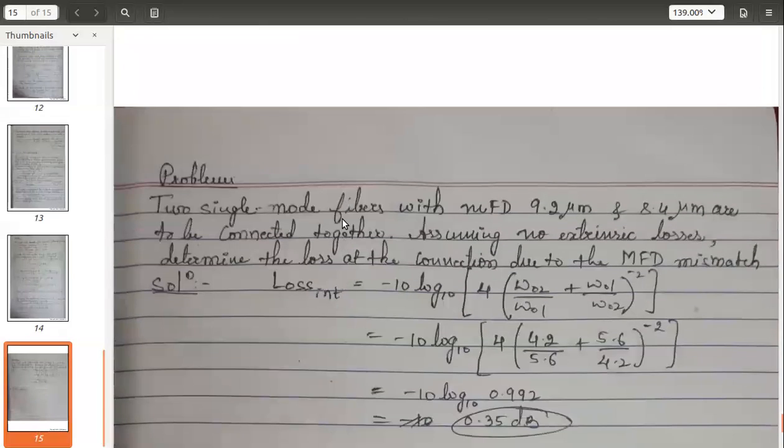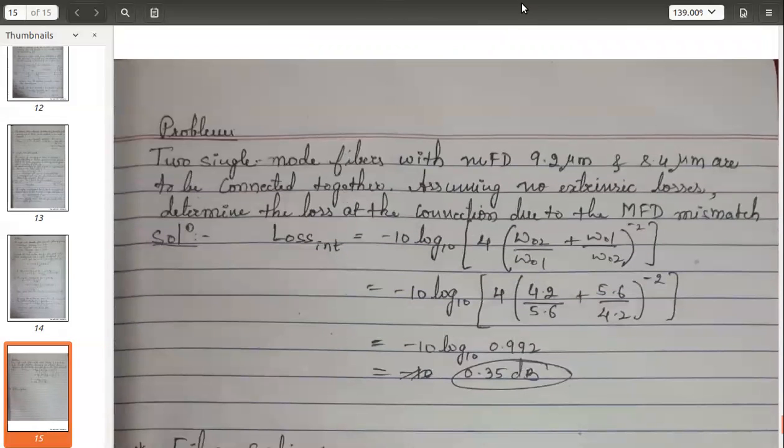There is again a simple, direct substitution problem. These problems look very simple to you, but remembering the equations at that time for that particular problem is a bit difficult for you, all modules at once. Two single mode fibers with mode field diameters, that is MFD, of 9.2 micrometer and 8.4 micrometer are to be connected together.